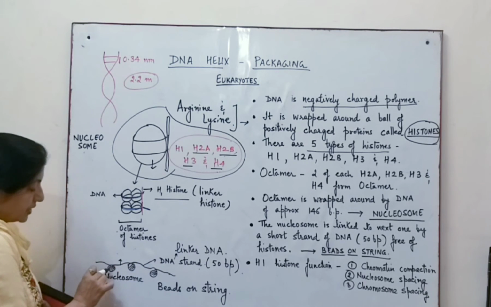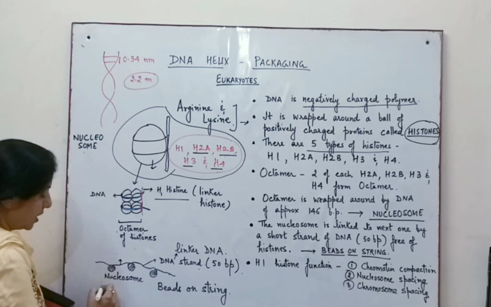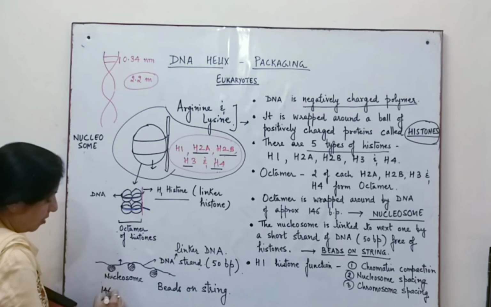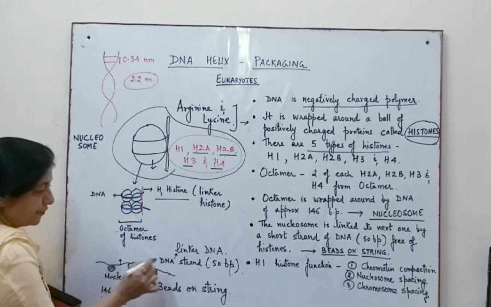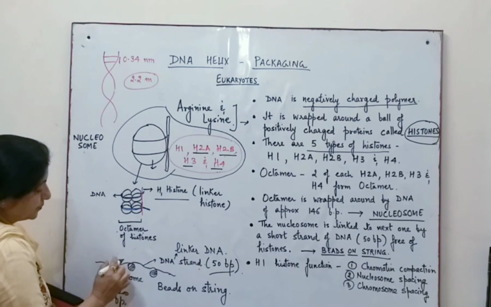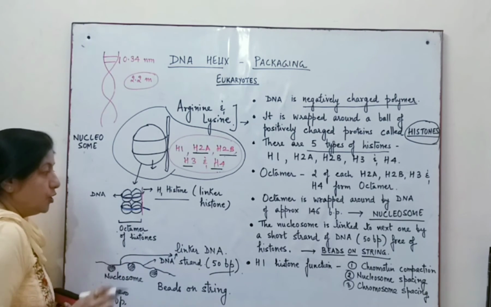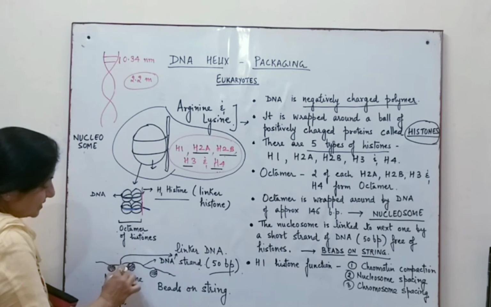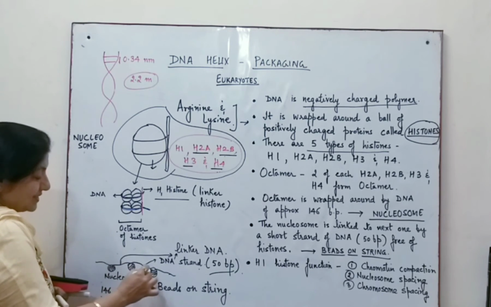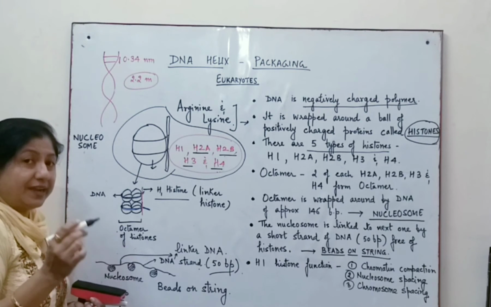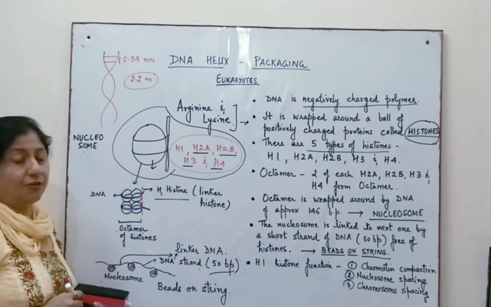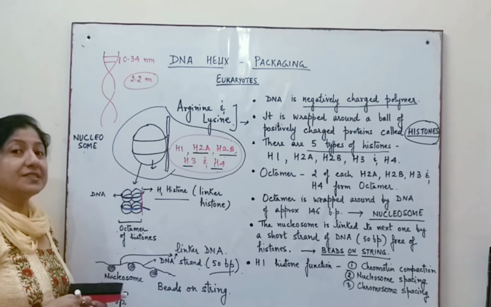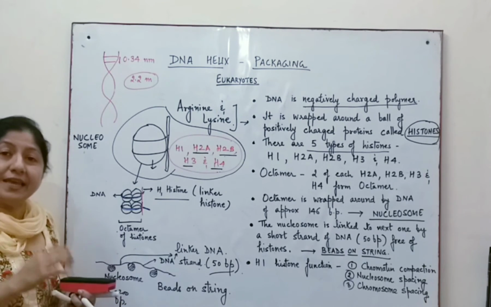Now the nucleosome consists of 146 or maybe around 200 base pairs, and the linker consists of 50 base pairs. So the DNA present in the cell when the cell is not dividing, due to the presence of the nucleosomes and the linker DNA, gives a beads on string like appearance.